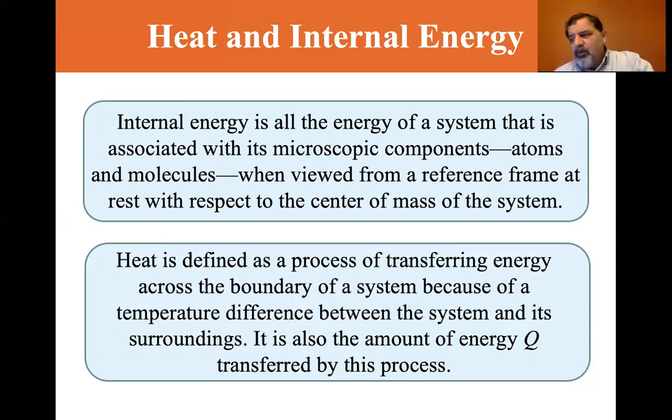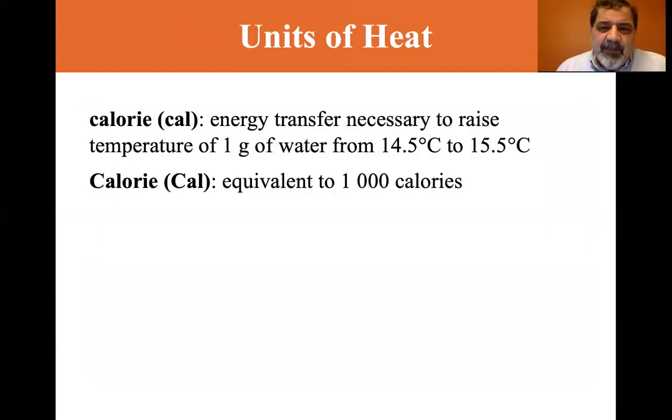If you remember, there were 4 T's: transfer by mechanical wave, transfer by matter, transfer by electromagnetic transmission, and transfer by electromagnetic radiation. So that's where this Q comes from, we used it in that equation. This is the transfer of energy.